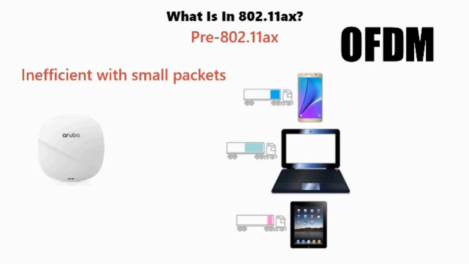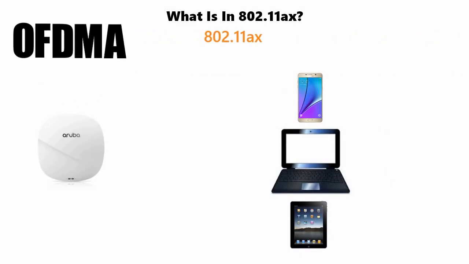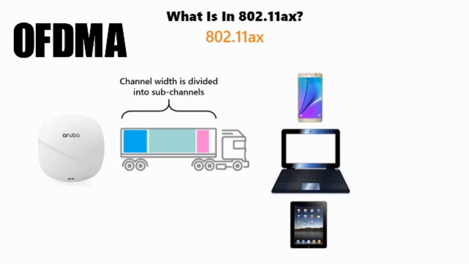That is how existing Wi-Fi works, OFDM, one at a time. And that's why I say it's kind of inefficient, okay?